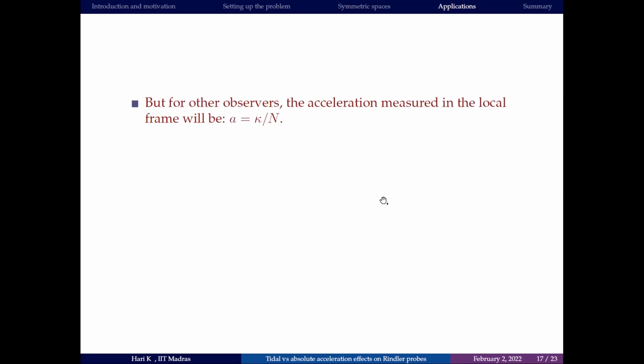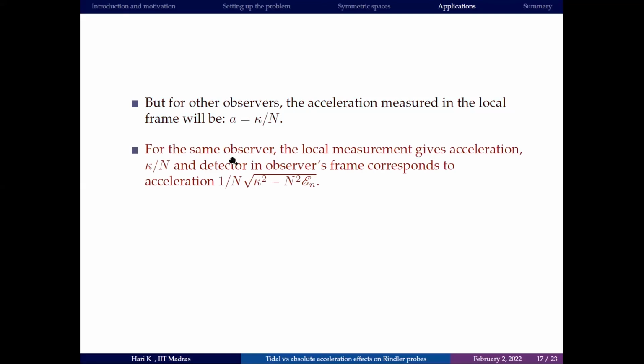And if I look at other observers which are not near the horizon, then we can see that in the local frame the observer can measure an acceleration of kappa/N. So he or she can put a rocket in his frame and measure its local acceleration, which will be equal to kappa/N.